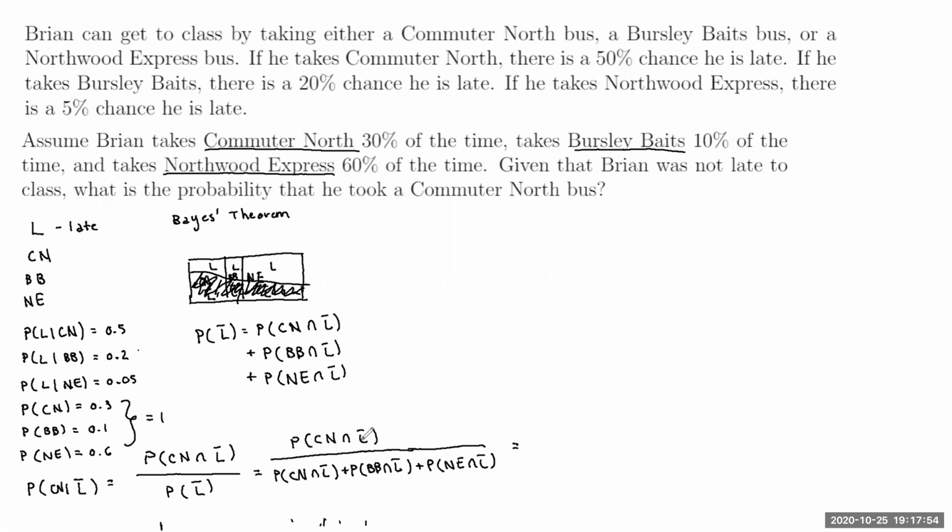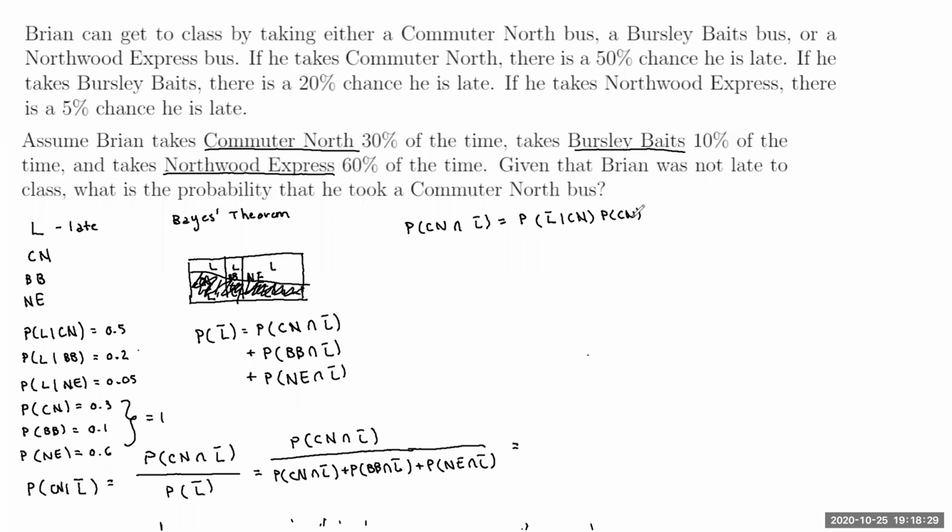So the probability of Cn and L complement, well, what is this? Using conditional probability, this equals the probability of L complement given Cn times the probability of Cn.